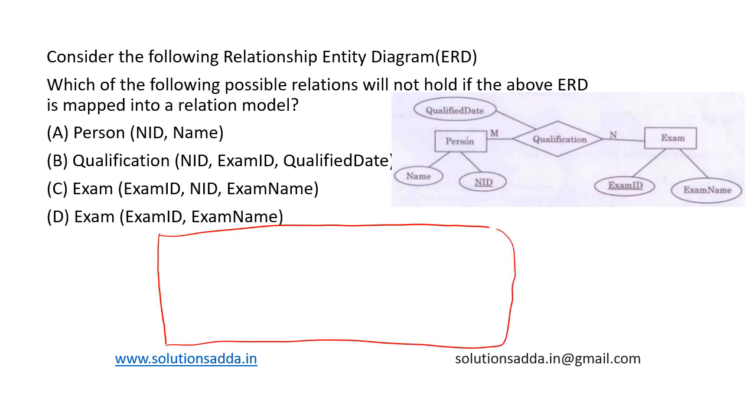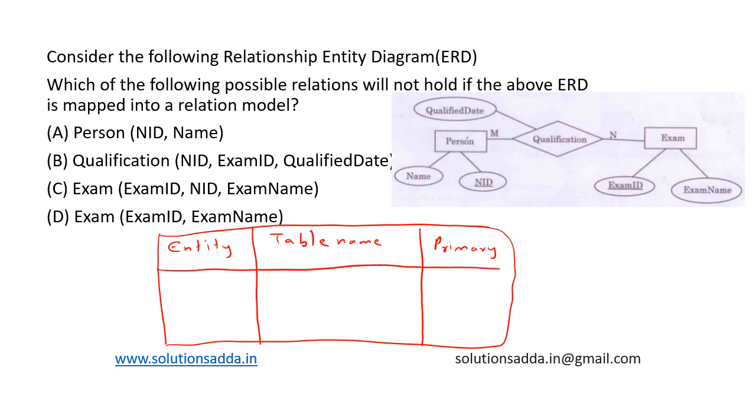We have entity, then table name, followed by the primary key. So for the entity person, the primary key would be NID, and the table name will be person with the following attributes: name, NID.